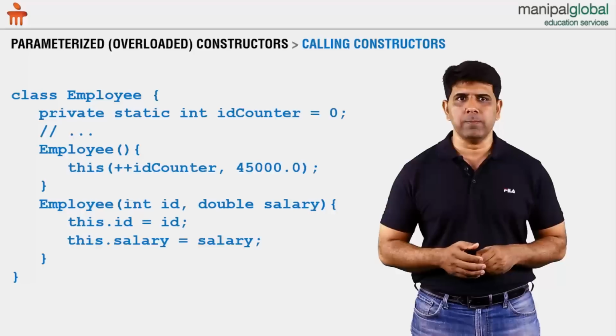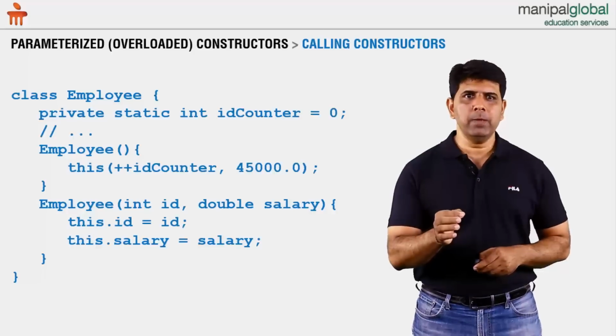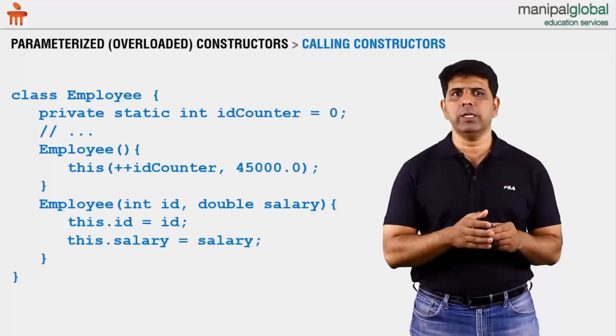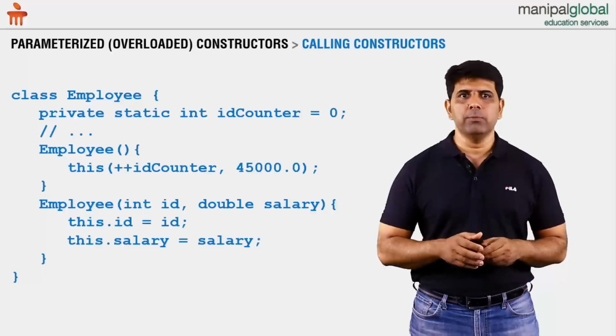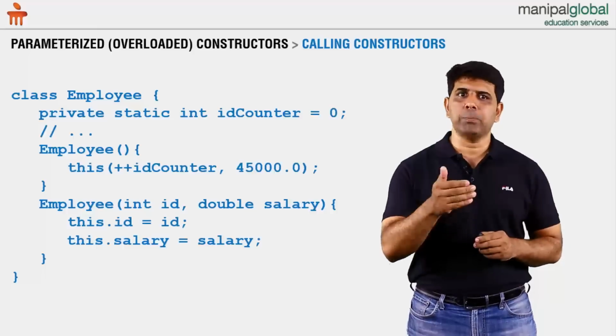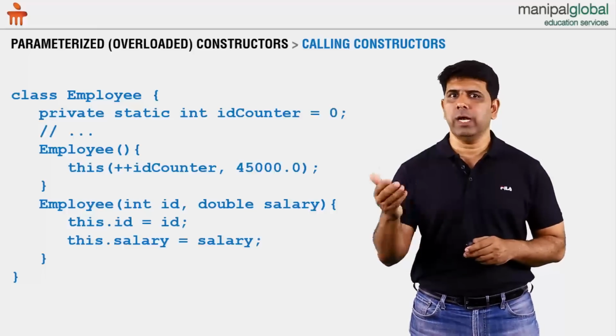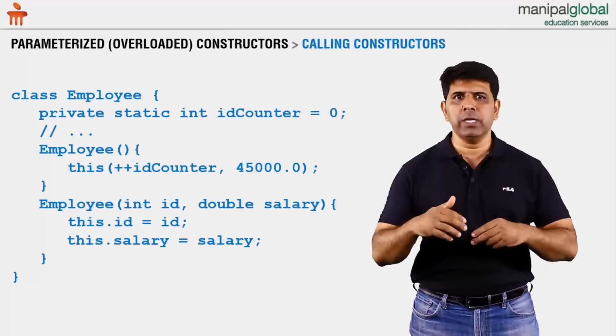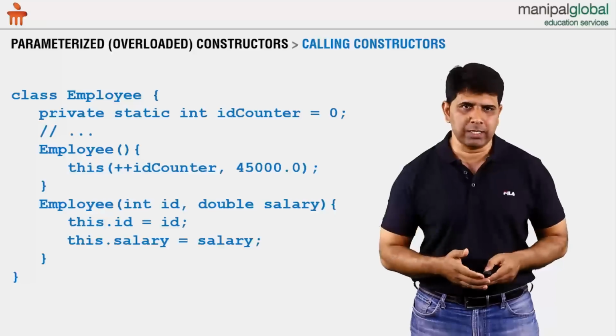Here is an example. There is a class Employee with two constructors. The first constructor does not take any parameter, but it calls this with two values: ++ID counter and 45,000. Here, this means that I want to supply these values to another constructor.